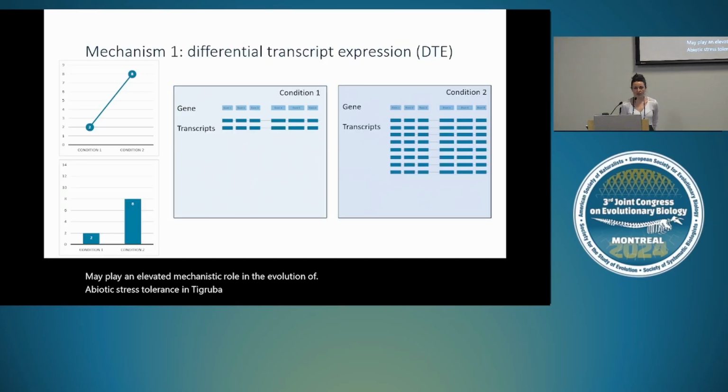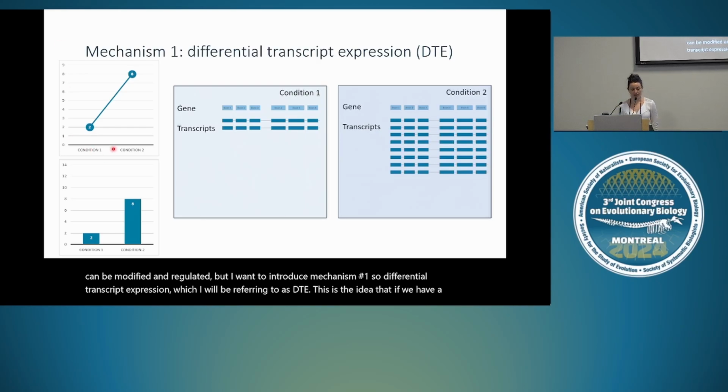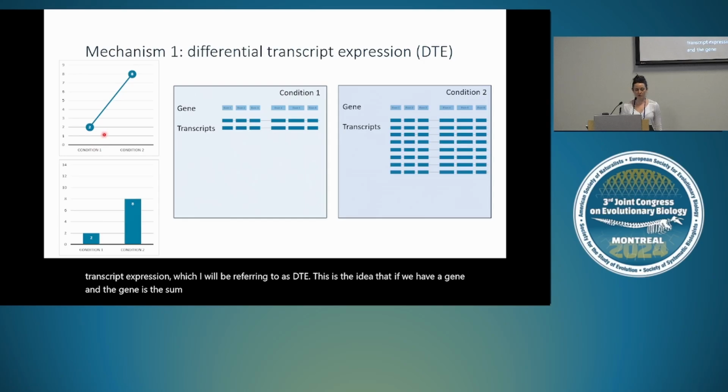Now, there are a lot of ways that transcripts can be modified and regulated, but I want to introduce mechanism number 1, so differential transcript expression, which I will be referring to as DTE. This is the idea that if we have a gene and the gene is the sum of its transcripts that are being expressed, under 2 different conditions, if a transcript has a substantial change in expression, this is what it might look like.